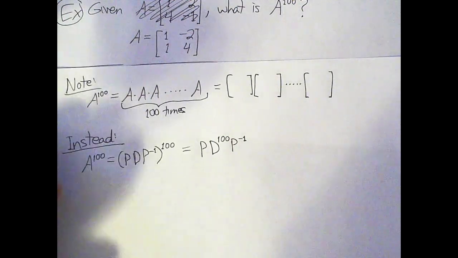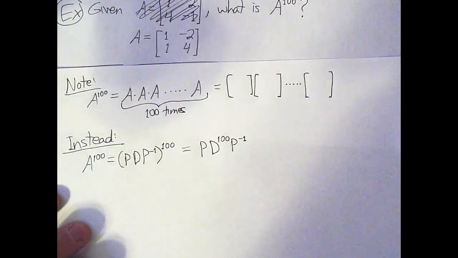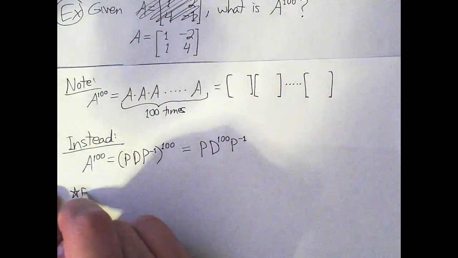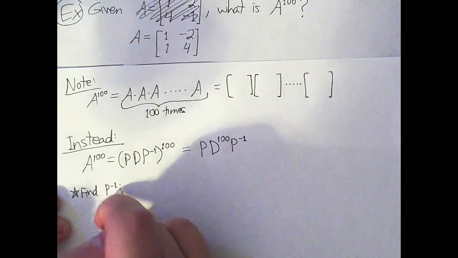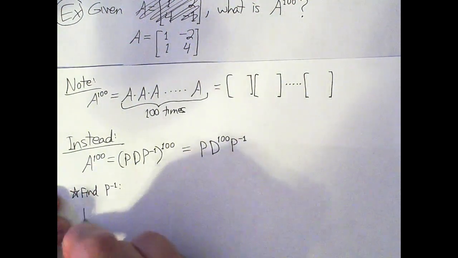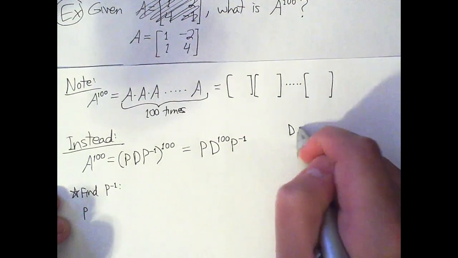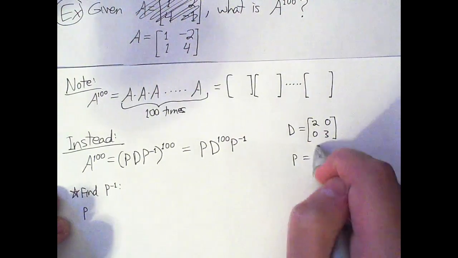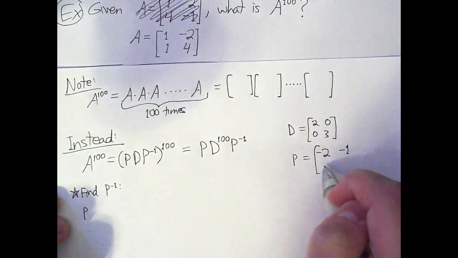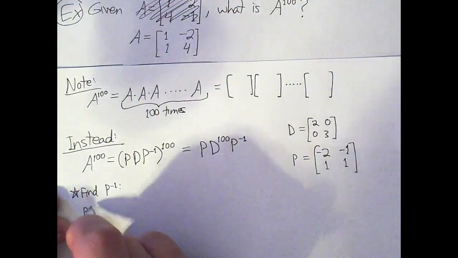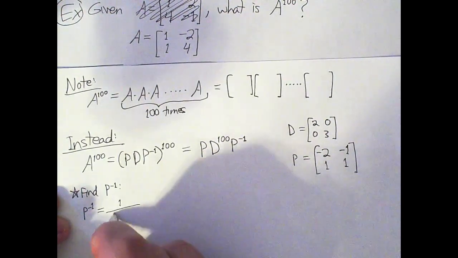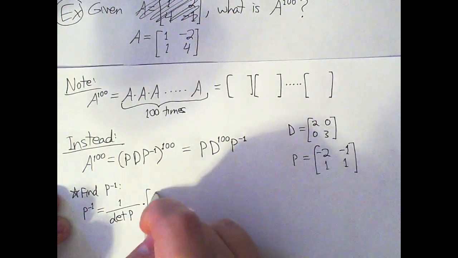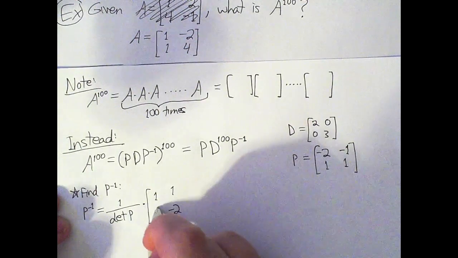Now, for this matrix A, we know what P is, we know what D is. I don't know if we found P inverse, so let's find P inverse. So here, I'll write over here, D we said was this, and P we said was this, -2, -1, 1, 1. I just don't know if we have found P inverse. So 1 over the determinant of P times, and then what we want to do here is swap these around like this.